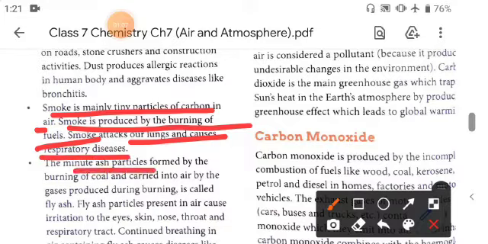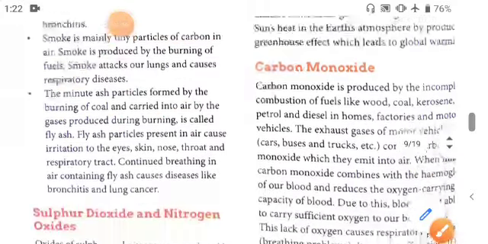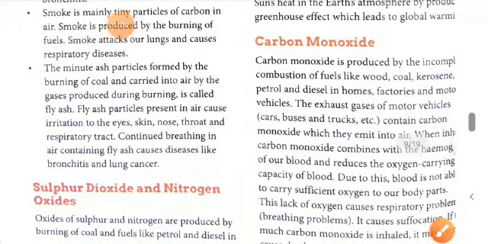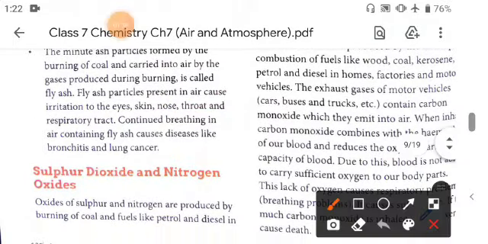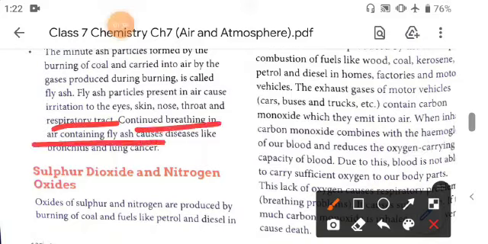The minute ash particles formed by the burning of coal and carried into the air by the gases produced during the burning are called fly ash. These fly ash particles present in air cause irritation of the eyes, skin, nose, throat and other respiratory tracts, and continued breathing of air that contains fly ash can cause diseases like bronchitis and lung cancer.